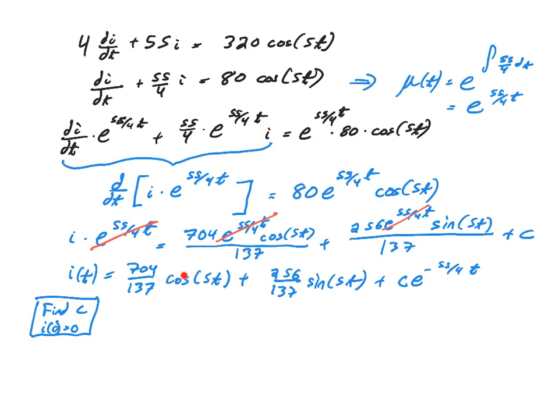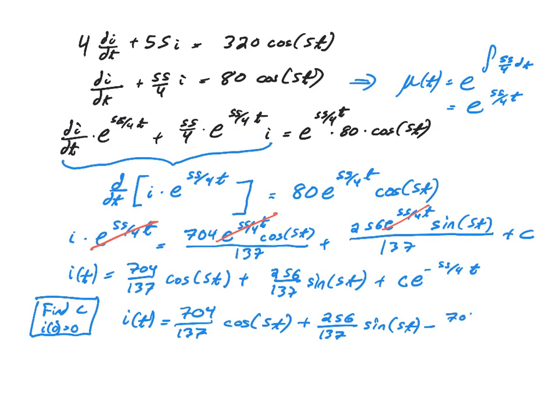If I put 0 into this, this is just 704 divided by 137. If I put 0 into this term, I just get 0. If I put 0 in there, I get c. So if this whole thing is going to be 0 at 0, then this c is just the negative of this guy to cancel out. So I have I of t is going to be equal to 704 divided by 137 cosine of 5t plus 256 divided by 137 sine of 5t minus 704 divided by 137 e to the negative 55 over 4t.